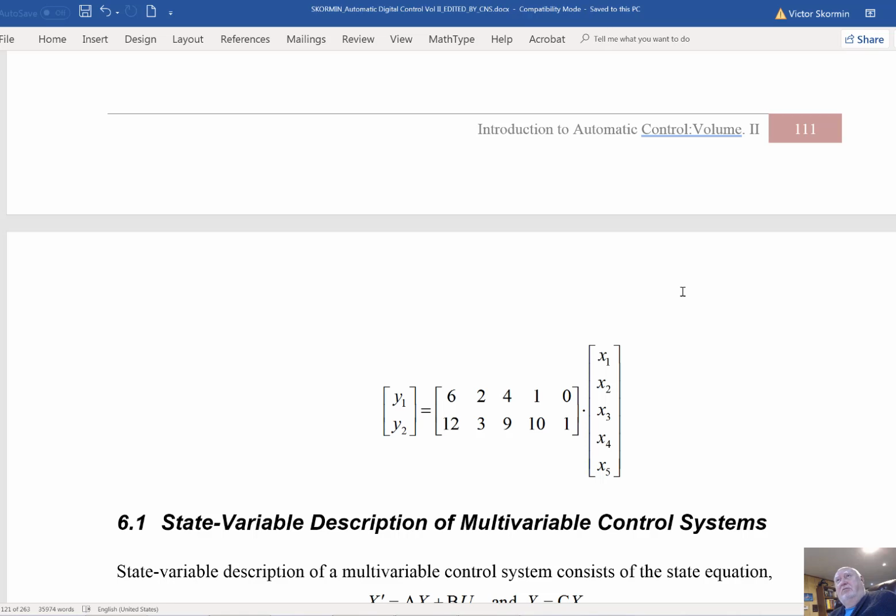At this point, I want to switch to techniques for control system design, for multi-input, multi-output, or multi-variable control systems.